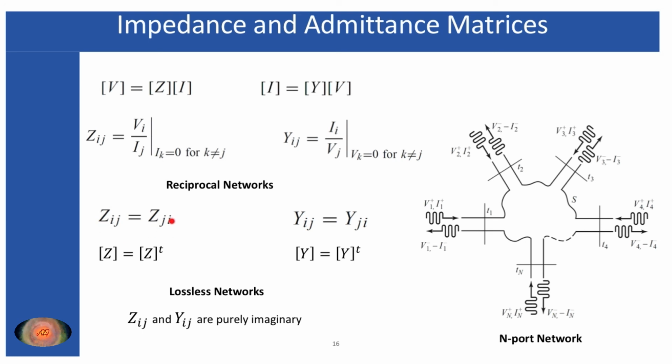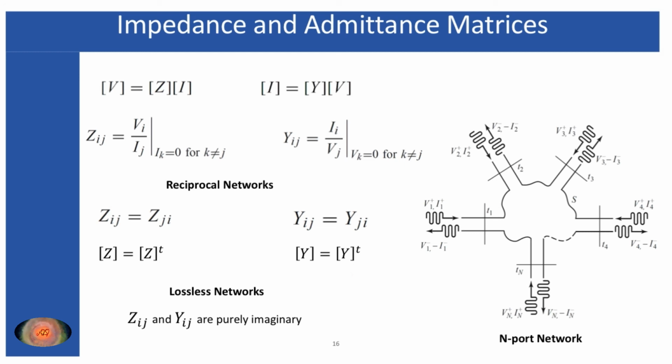So these two will be equal to each other. And in order to hold the similar condition for the reciprocal network, the elements of the admittance matrix also will be equal. That means Yij will be equal to Yji, and these two conditions enable us to write that the impedance matrix is equal to its own transpose, and the admittance matrix is equal to its own transpose.